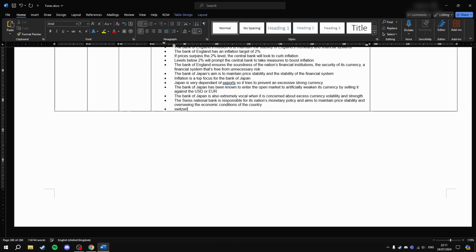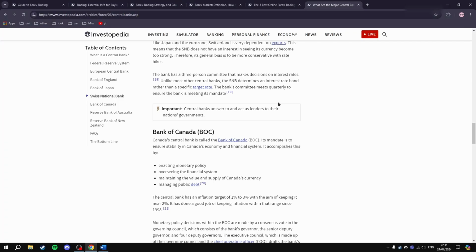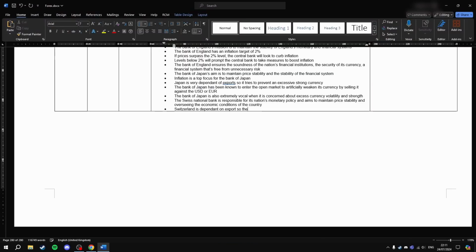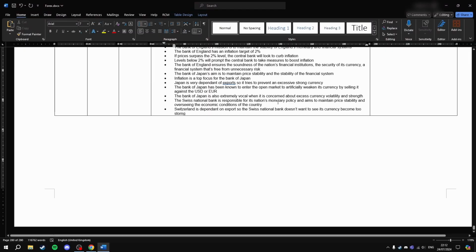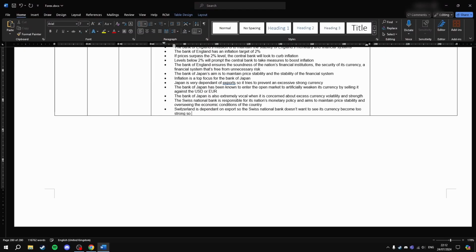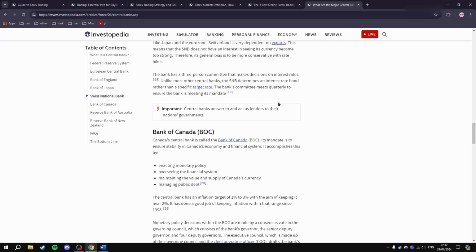So Switzerland is dependent on exports, so the Swiss National Bank doesn't want to see its currency become too strong, so it's more conservative towards its interest rate hikes.